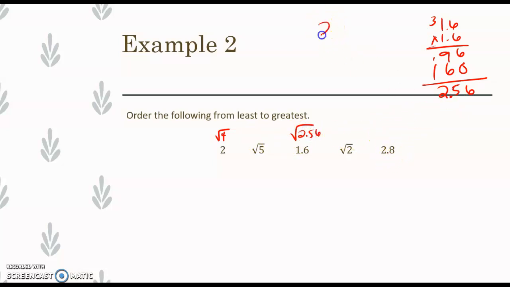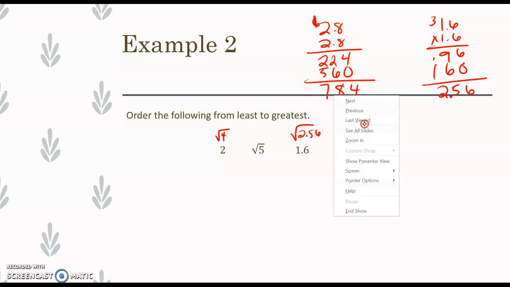And 2.8 is my other one, so 2.8 times 2.8 gives 784, with 2 decimal places. So we're working with the square root of 7.84 because that is the square of 2.8.